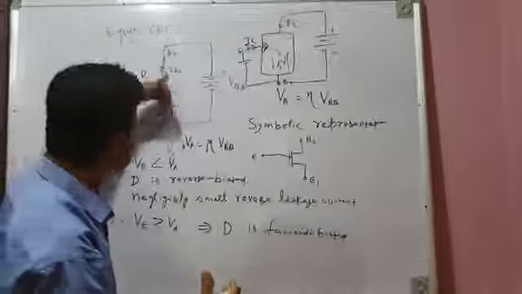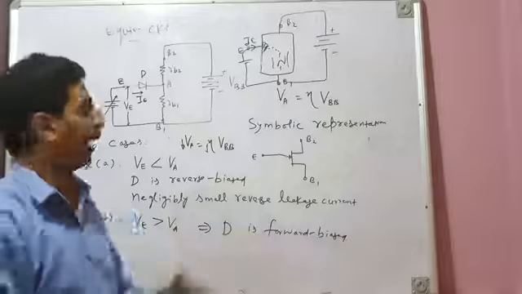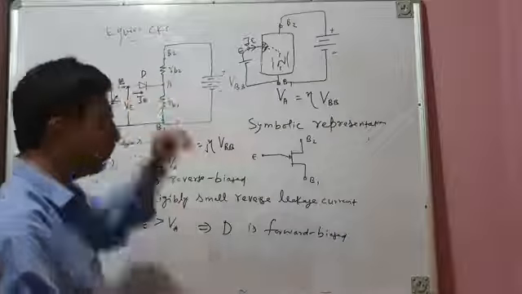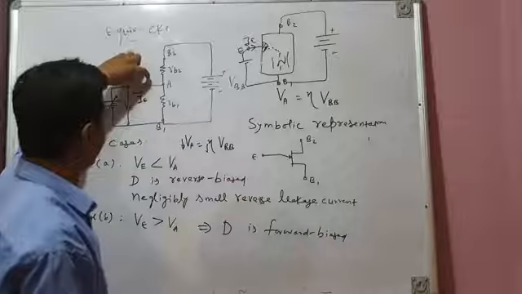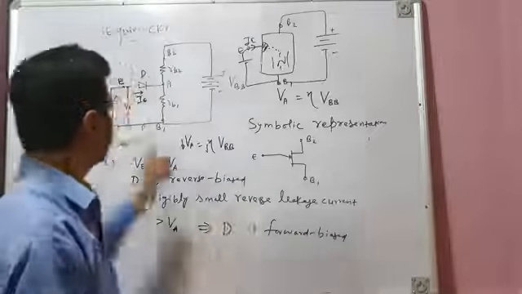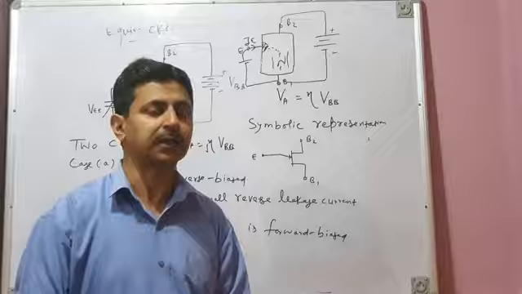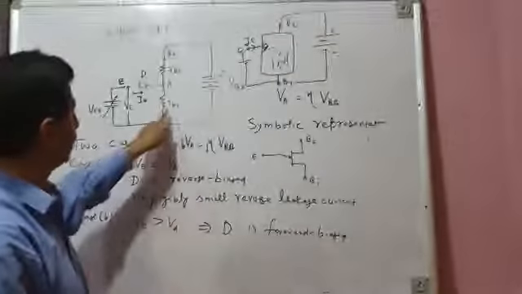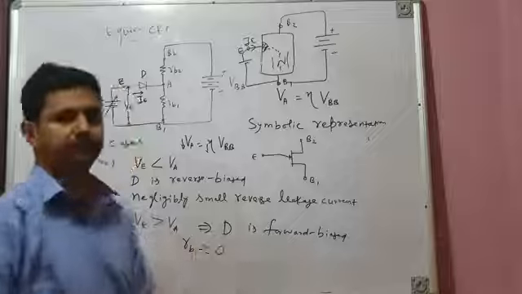That causes further injection of holes and more flow of current. And when there is more flow of current, this RB1 further decreases. That further increases the forward bias across the diode, and more current. So the current goes on increasing till the device is fully turned on. And then when the device is fully turned on, this RB1 is very nearly equal to 0.